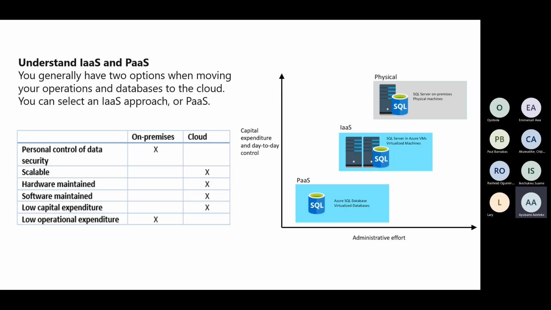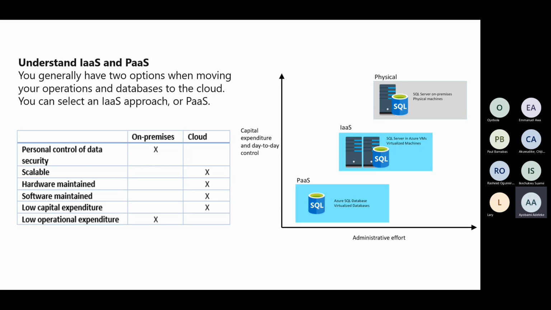It's more scalable. Hardware maintenance is done strictly by the cloud provider, so you don't worry your head about that. Software maintenance at the same time, Microsoft handles that being the cloud provider. When you talk about low capital expenditure, to get on board on the cloud, you really don't pay much like you would do when you're setting up an on-premises data center or data environment. Because on-premises now you need to buy servers that will last you for a while.